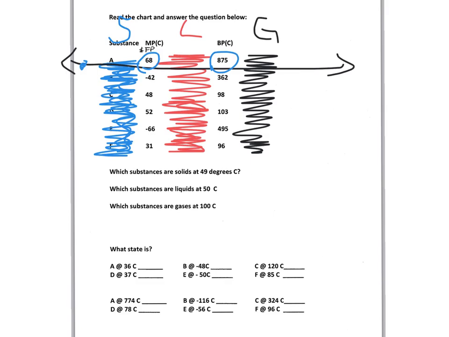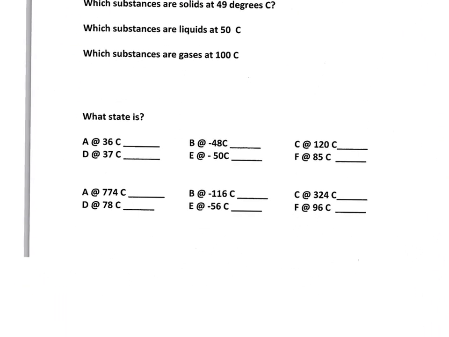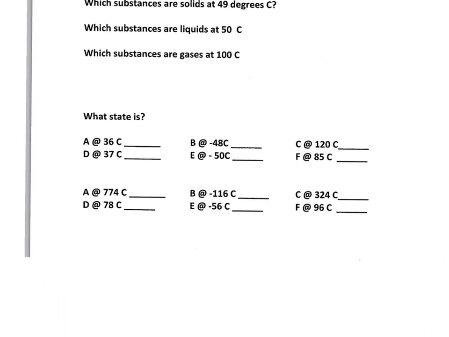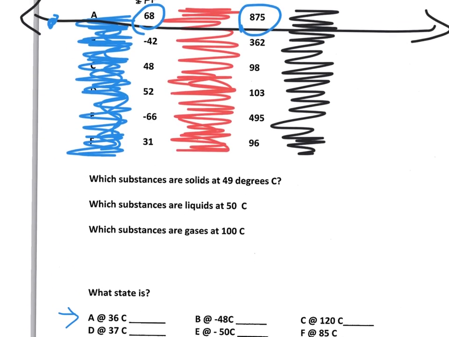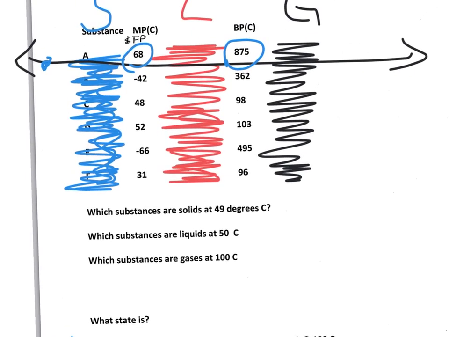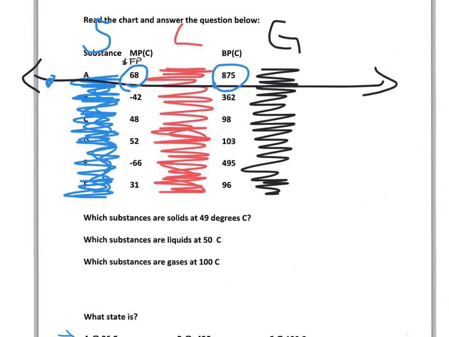Okay, we want to look at this as a number line. So let's take a look at the problems. I'm going to skip down to the problems at the bottom first. We want to see what state of matter substance A is in at 36 degrees Celsius. So we'll look back up at our chart and find where 36 degrees Celsius is going to fall.